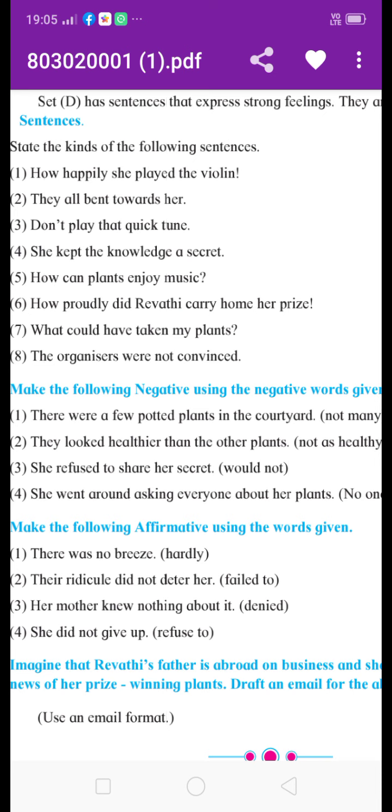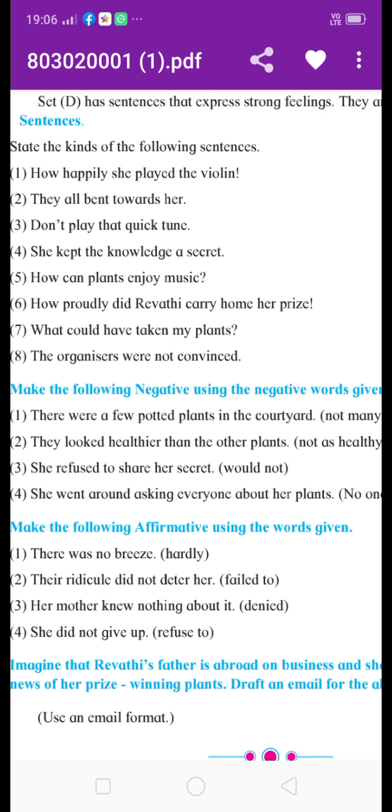Always, while changing negative into affirmative, we have to avoid no, not, never. While turning negative into affirmative, don't use the words no, not, never. We have to remove these words. Then prefixes such as un, in, im can help in forming an affirmative sentence.